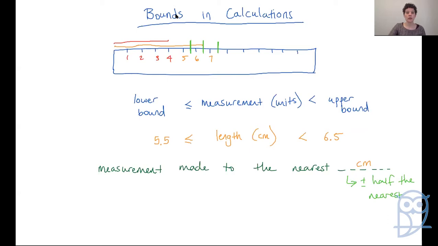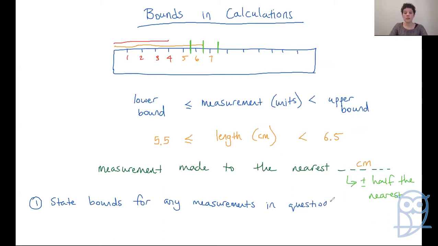When it comes to actually working with the bounds in calculations, the first thing you've got to do when you read the question is state the bounds for any measurements in the question. You've got to know what it is you're dealing with. So have a careful look at the phrasing of the question. We're measuring to the nearest what? And then you can go plus or minus half of that.